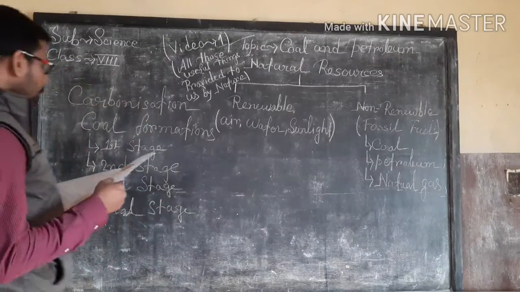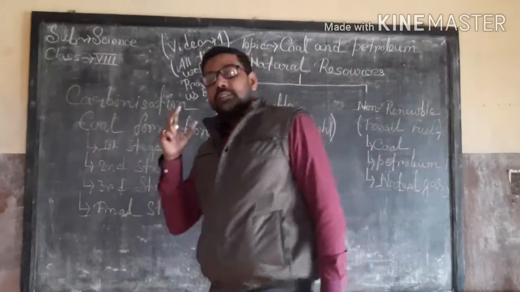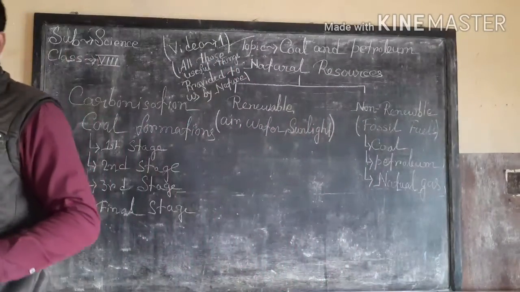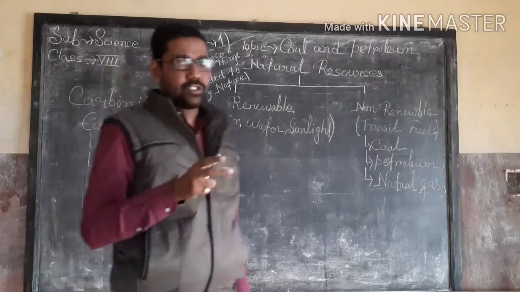So coal formation can be divided into four stages.